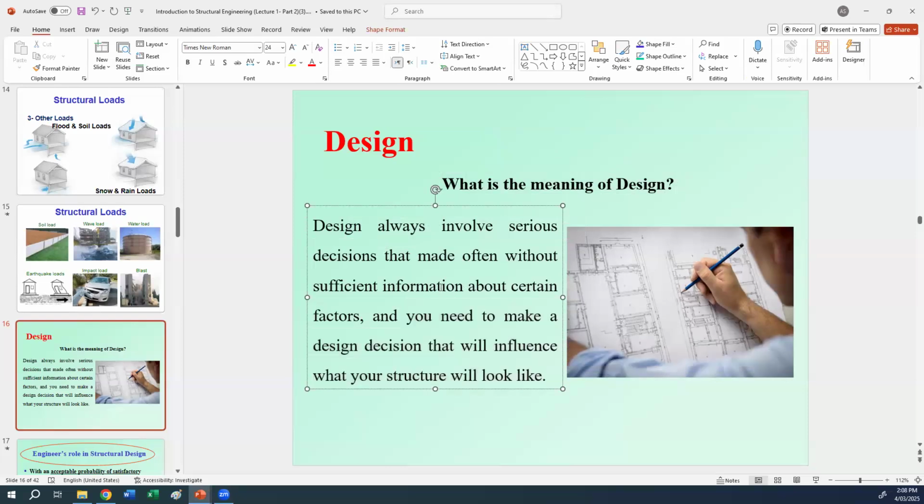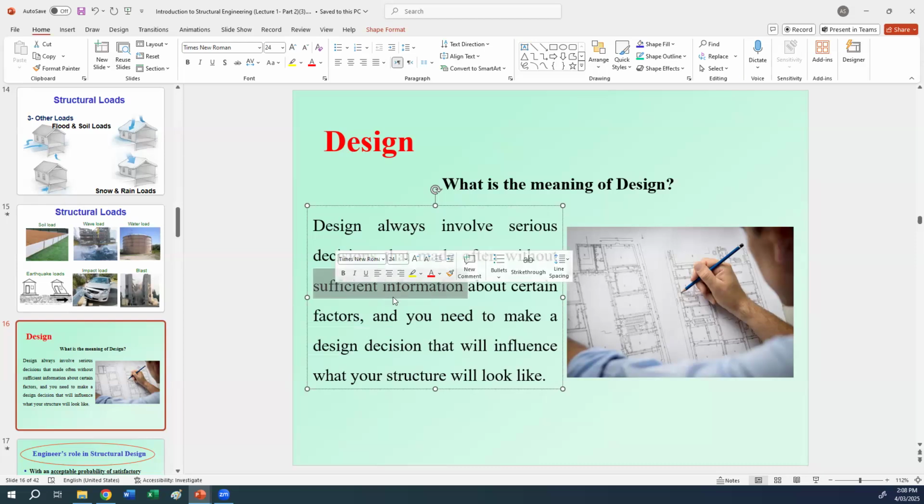In the design stage, we don't have 100% certainty about the loads that will be applied. We have an estimation for sure, but we don't have the exact value or sufficient information for design.